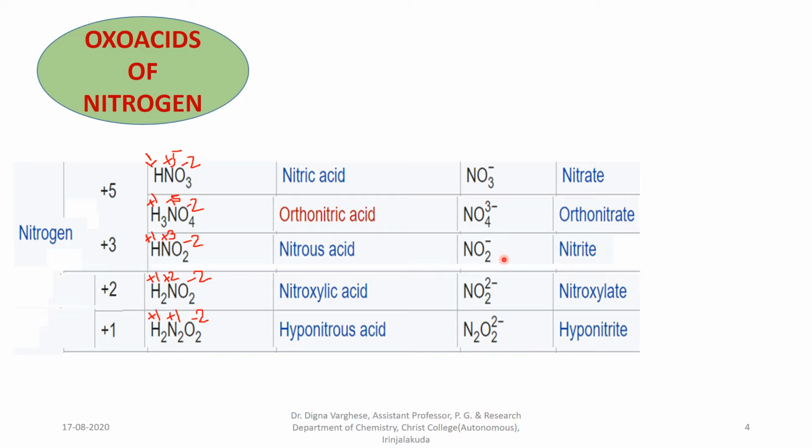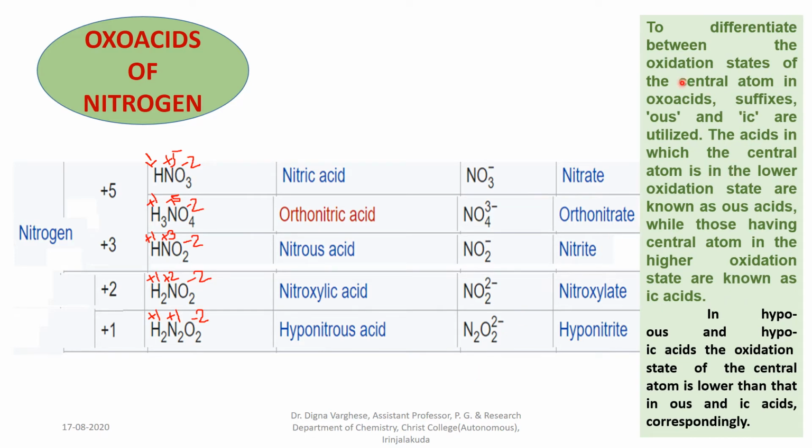Nitrous acid, NO2 minus nitrite is its salt, so it acts as a monobasic acid. Nitroxylate anion is from nitroxylic acid, so it is a dibasic acid. Hyponitrous acid, hyponitrite is its salt, so it acts as a dibasic acid.